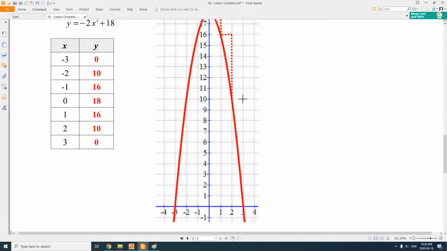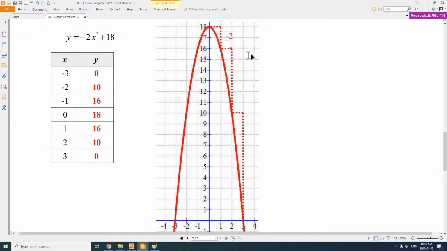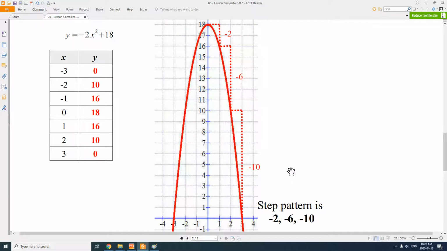And then over 1 and down, it looks like all the way to here, down 10. In this case, I'll use negative to indicate we went down: down 2, then down 6, then down 10. So that's my step pattern: -2, -6, -10. Once again, from my vertex, when I stepped over to the right by 1, I went down 2, then down 6, then down 10.